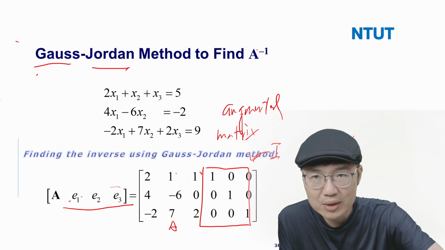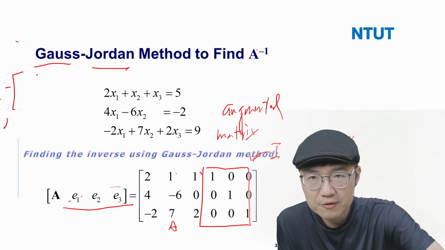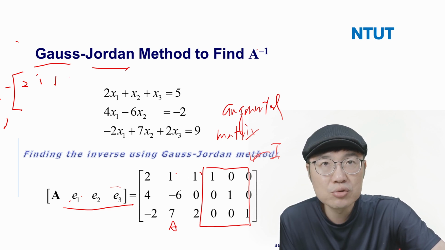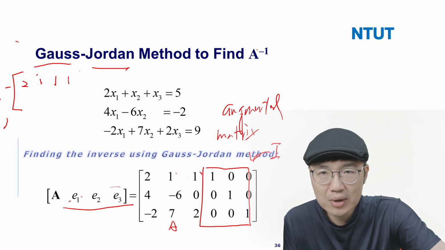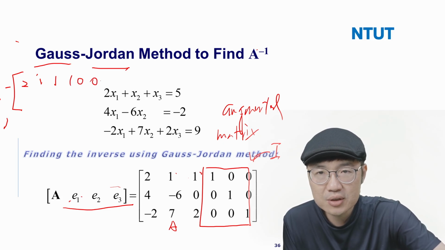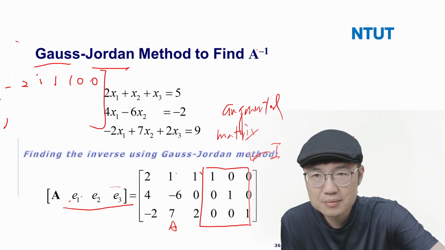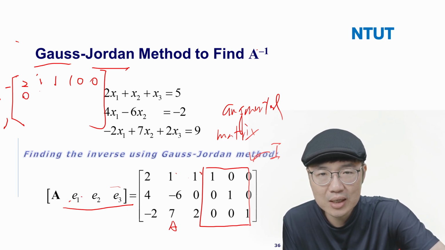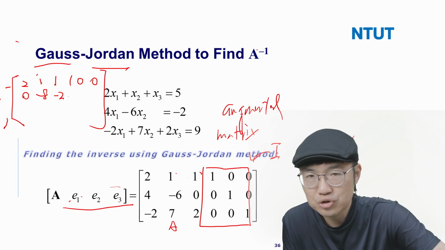So let's find what we get from this process. First of all, 2, 1, 1 is A, right? But we no longer deal with 2, 1, 1. We deal with 2, 1, 1, 1, 0, 0. The new first row has an augmented part. And we multiply the first row by minus 2 and add it to the second, producing minus 8 and minus 2, just like before.